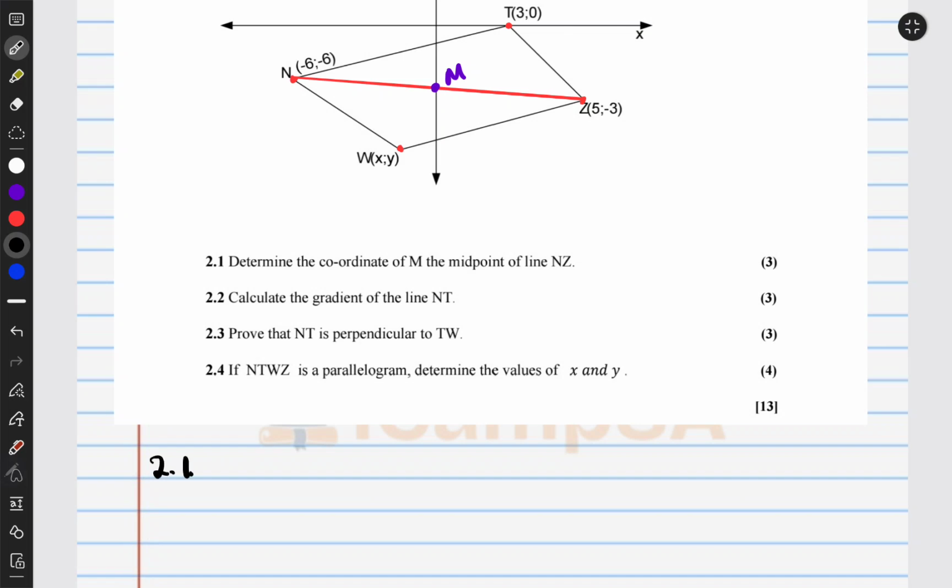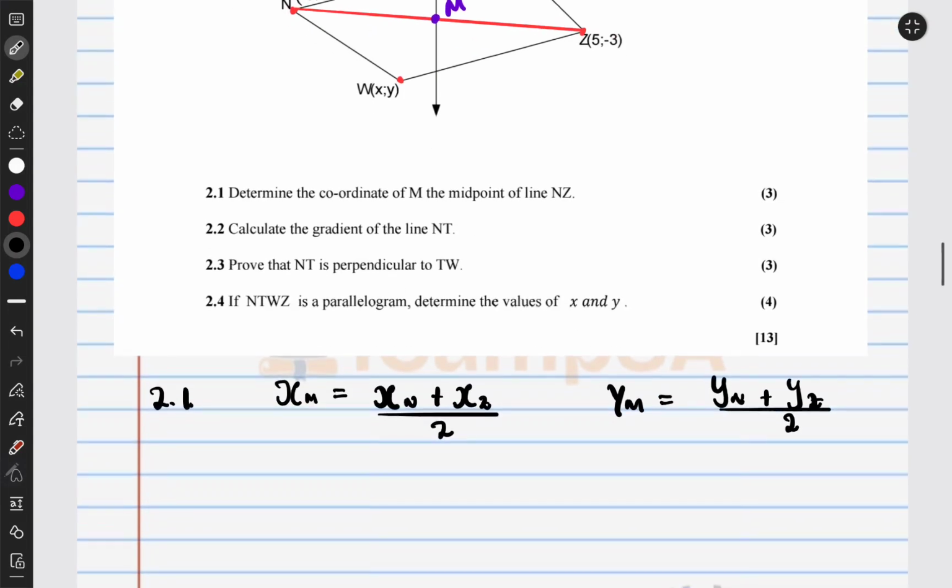So xM is equal to the x of N plus the x of Z divided by 2, and the y coordinate of M will be equal to the y of N plus the y of Z divided by 2.